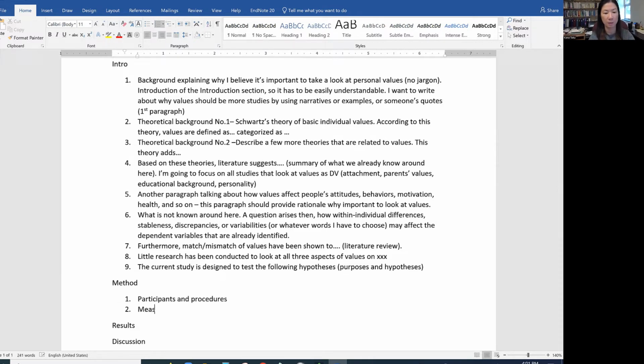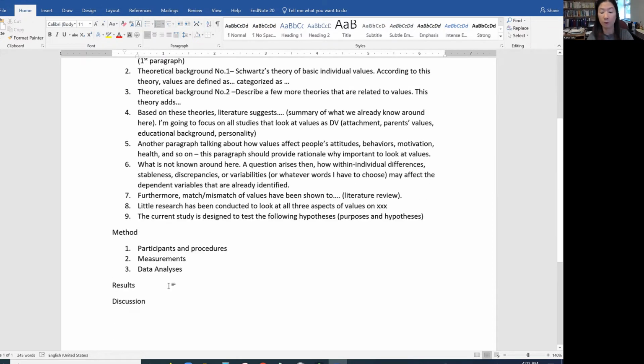Then measurement. Then data analysis. That's it. And then for the results, usually start with the preliminary analysis, like missing values, outliers, those kinds of things.